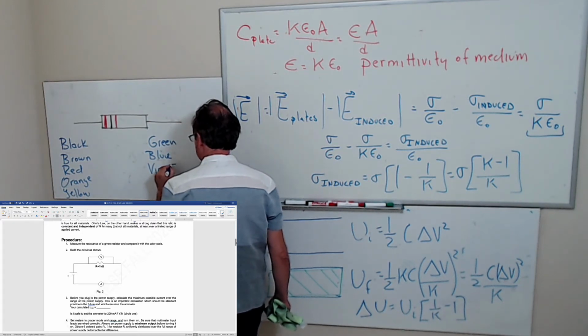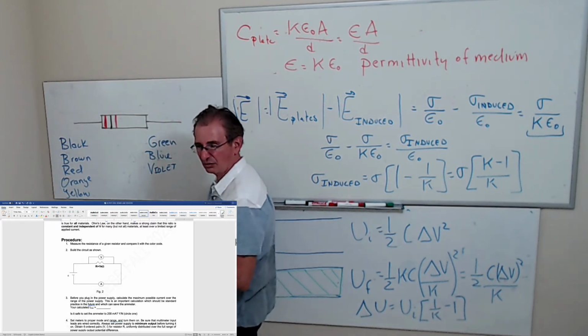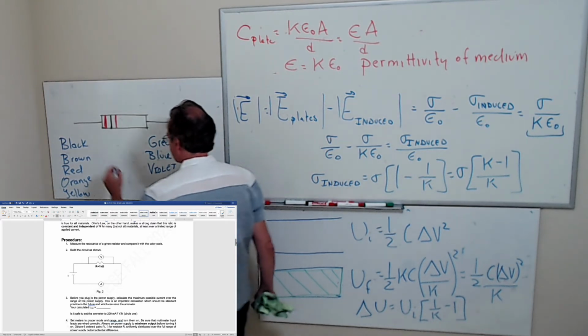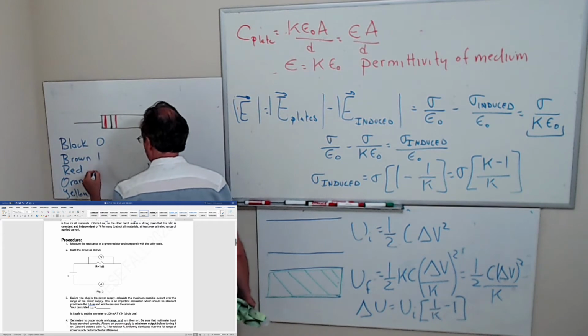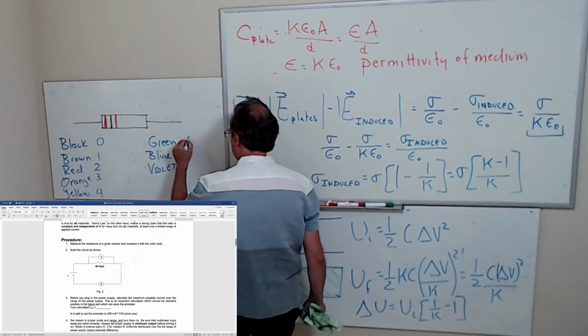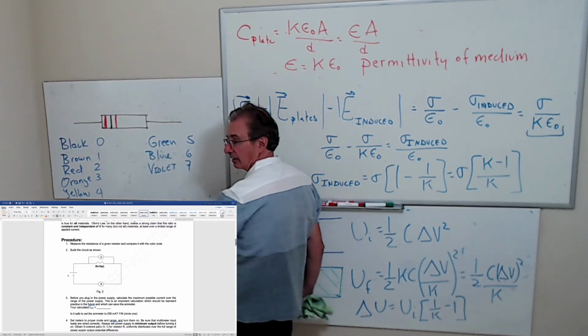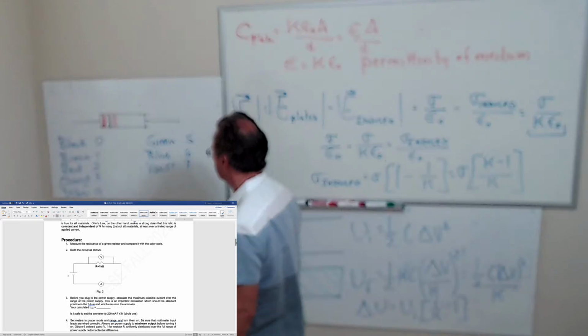I always forget the last ones. It's either gray or white. There's a 0, 1, 2, 3, 4, 5, 6, 7, and then there's 8, 9. It's white and gray. I forget them.